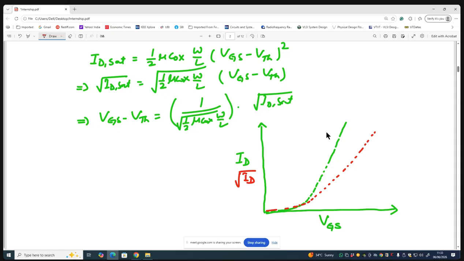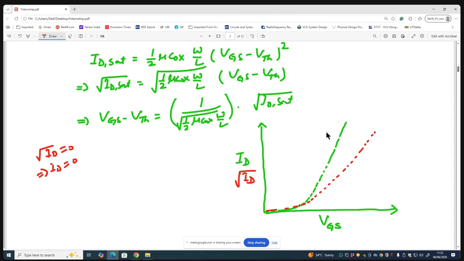So what happens if this VGS minus VTH is 0? The current will be 0, square root of ID is 0, which implies ID is 0.